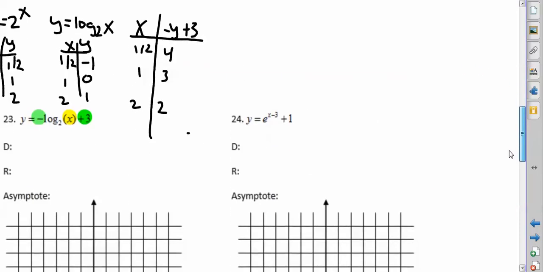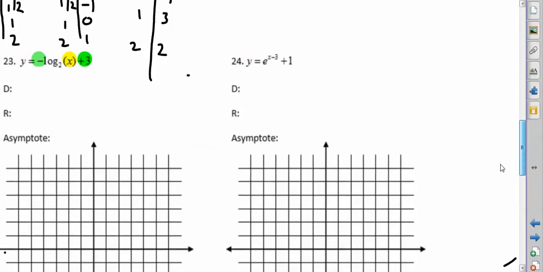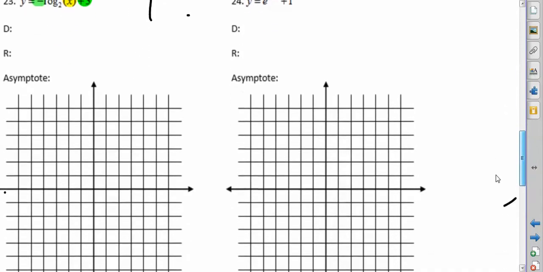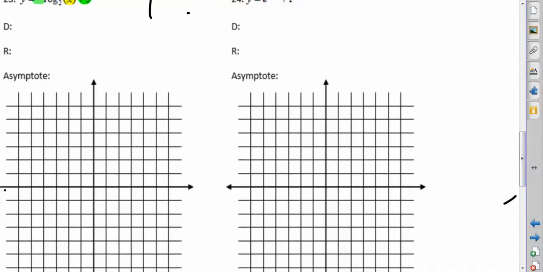Okay, so since there's no change horizontally, my vertical asymptote is going to be at 0. So my vertical asymptote is x equals 0. Okay, now I'm going to plot my points.